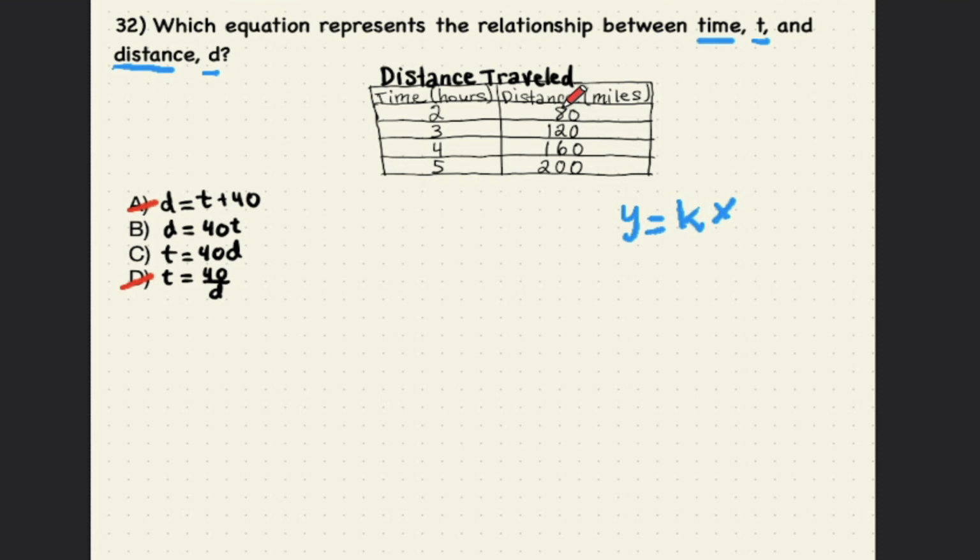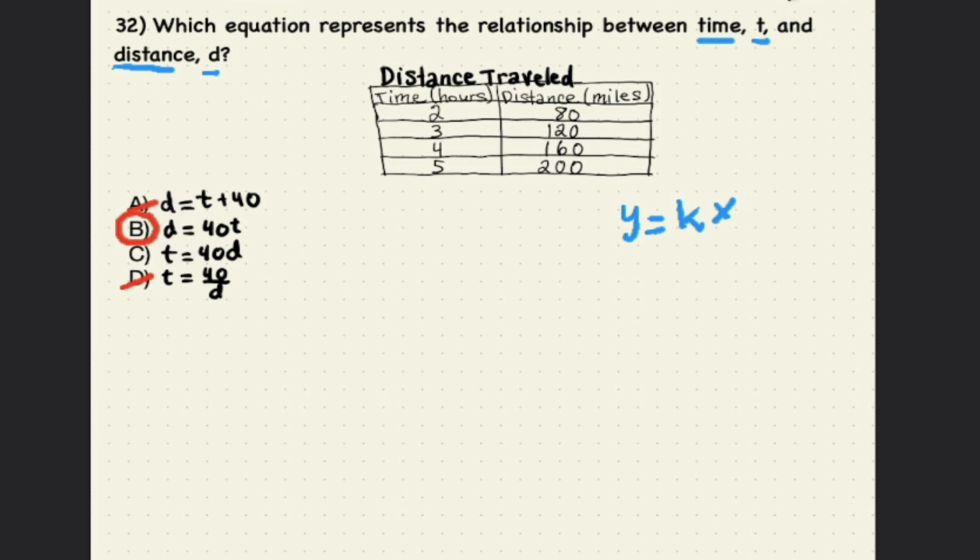What about the next one? We have d equals 40 times t. t is the time 3, and 40 times 3 is 120. And on we go. So we know that the correct answer is answer choice B.